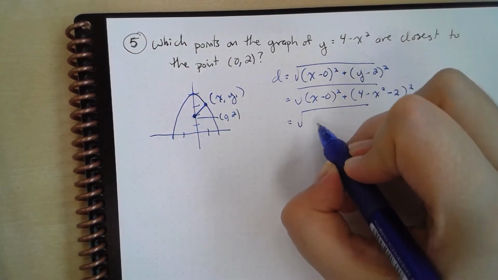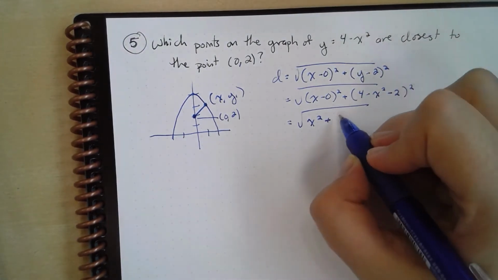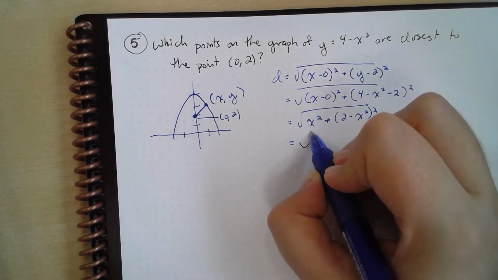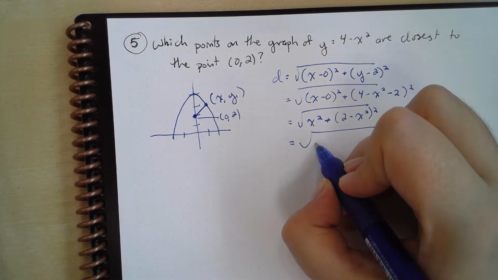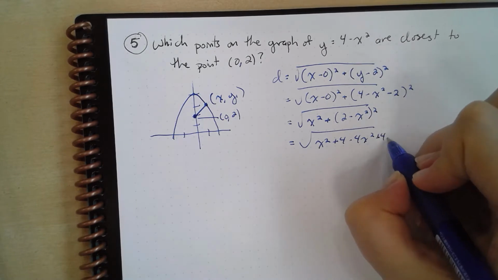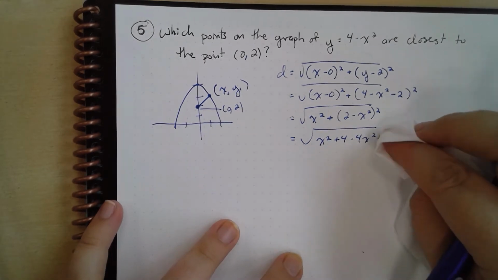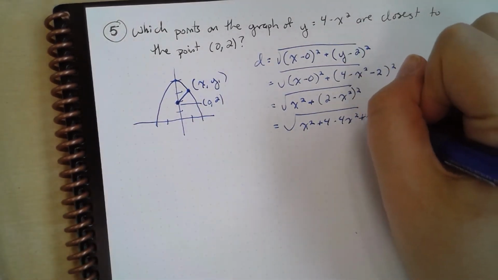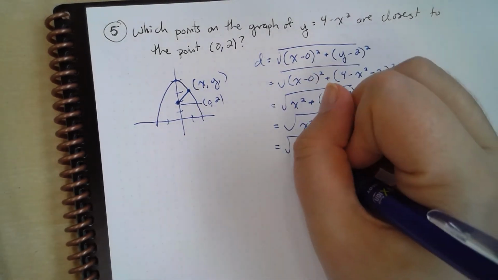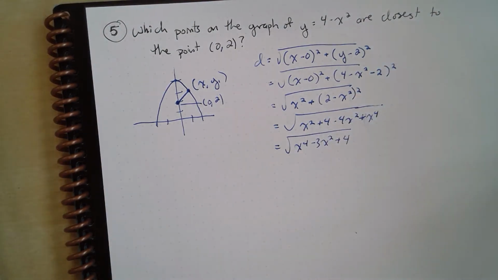So I get the square root of x squared plus, this is going to be (2 minus x squared) squared, which becomes the square root of x squared plus 4 minus 4x squared plus, nope, not 4x, x to the 4th. I just misspoke there. Plus x to the 4th. That's still all underneath the radicand. So that's equal to x to the 4th minus 3x squared plus 4. Just leave it like this for right now, okay?